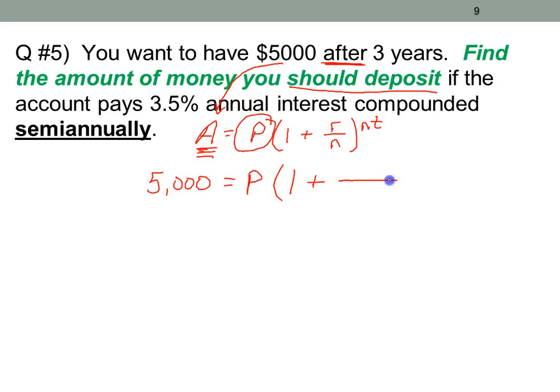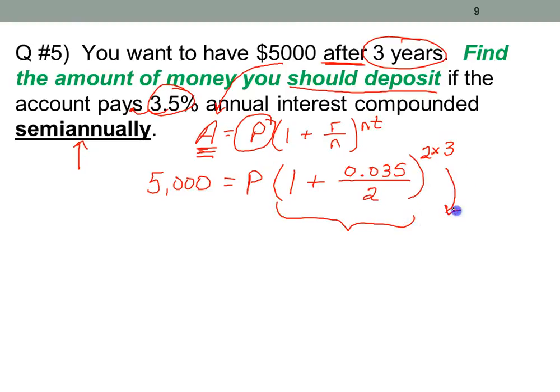1 plus my rate, 3.5%. So move it over, 0.035. Compounded semi-annually. Remember, semi-annual means it's just going twice. And then rate over N, compounded semi-annually, 2 times time. We said it's in 3 years. Now, first step's the same.